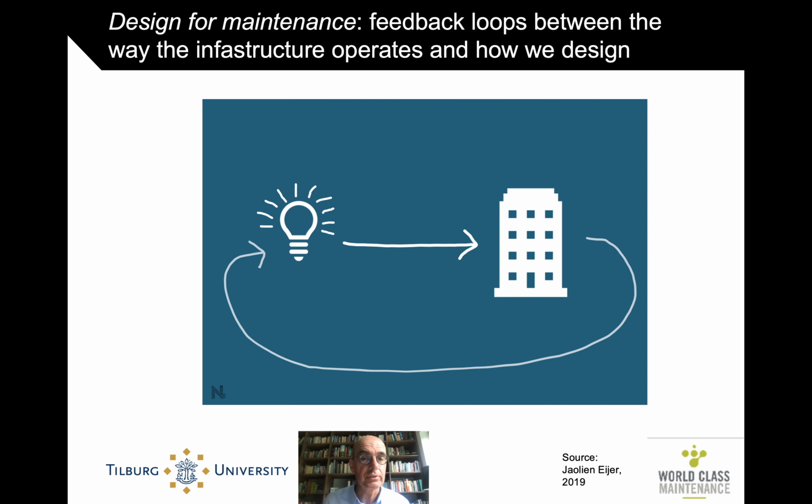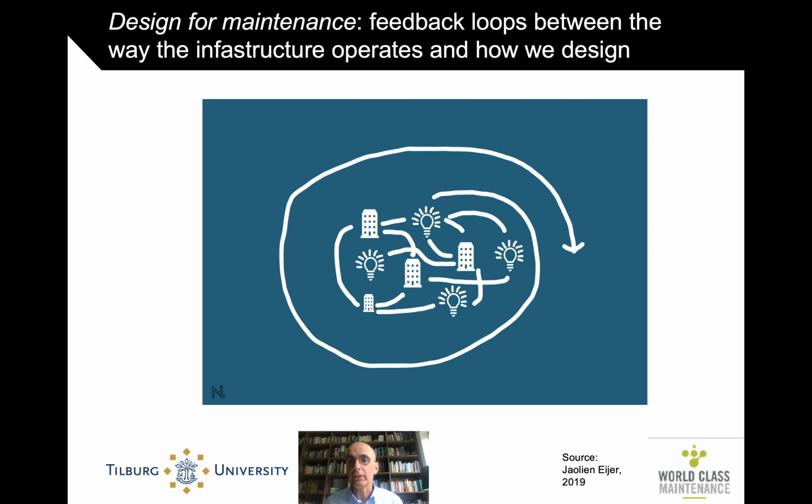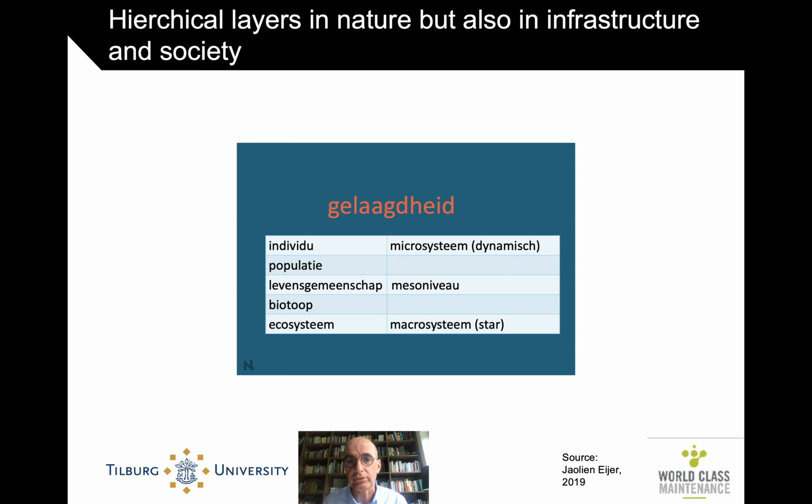And that's at the level of an individual infrastructure. But actually, there's a whole hierarchy of these, because what we try in one city, we could try in another. What we can try in one country, we can try in another. What we try in one domain, we could try in another. And so there are many feedback loops here in that hierarchy. And that becomes then the ecosystem.